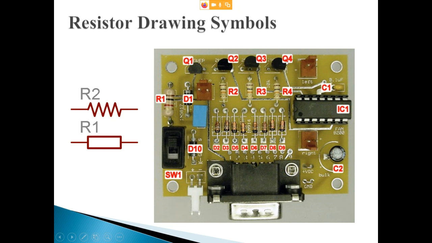The Qs at the top represent transistors. The IC1 is an integrated circuit, right? So that's a chip. And the Ds, D1, D2, D3, those are diodes. Okay. So just to let you know what those different things are.